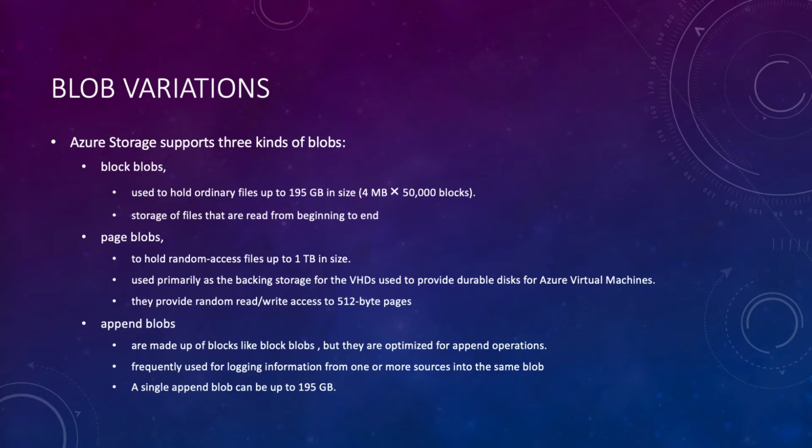They're named page blobs because they provide random read or write access to 512-byte pages. So, as you can see, at this point you can go to any place in the blob, read, access, or write, while in block blobs you couldn't do that. You have to go from the beginning to the end.